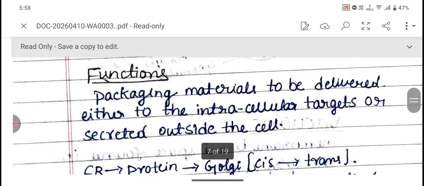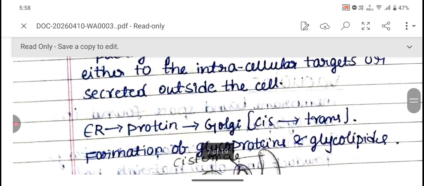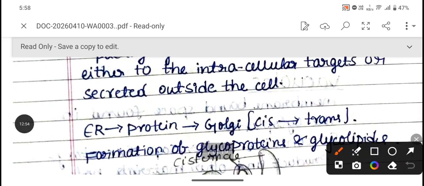The main function of the Golgi is packaging material to be delivered either to intracellular targets or secreted out of the cell. So when you see the procedure in the ER, the newly formed proteins will be synthesized here, and the synthesized protein will be transported to the Golgi complex at the cis end. After packaging, it will be transported to the trans end.